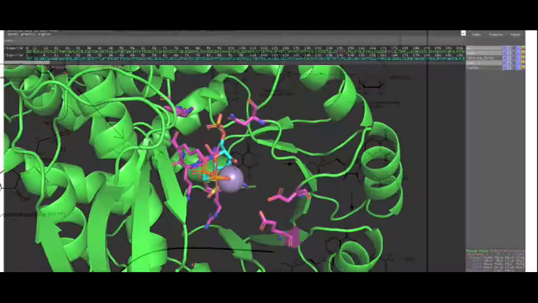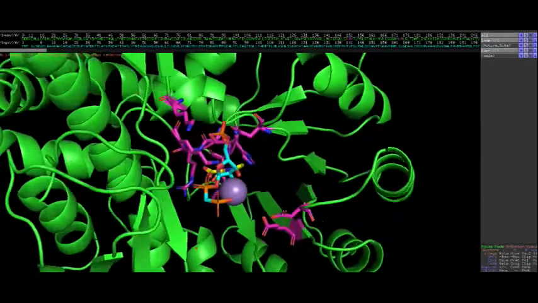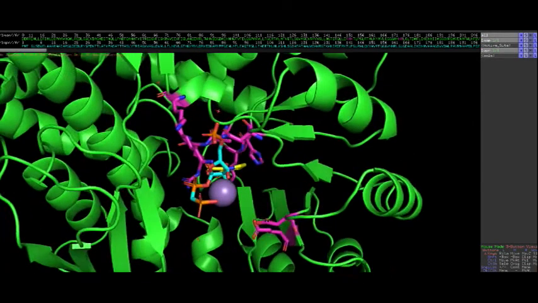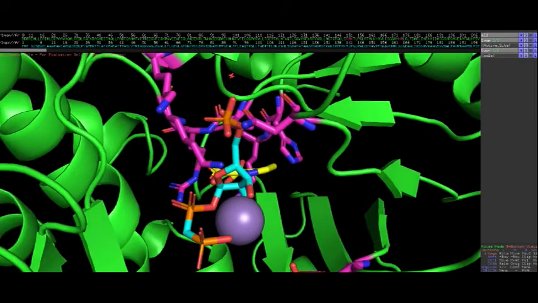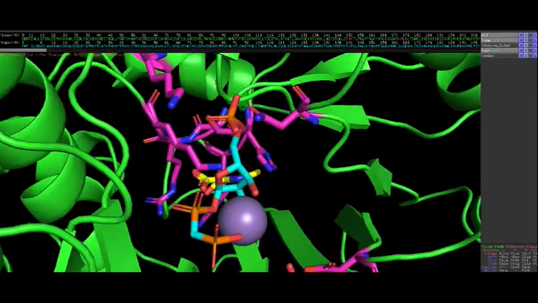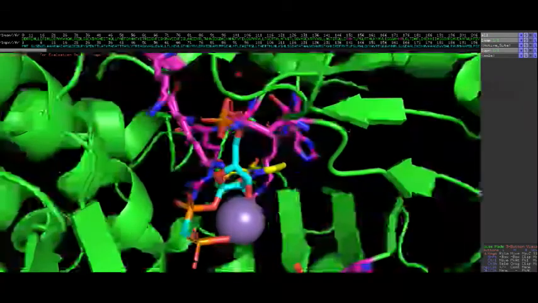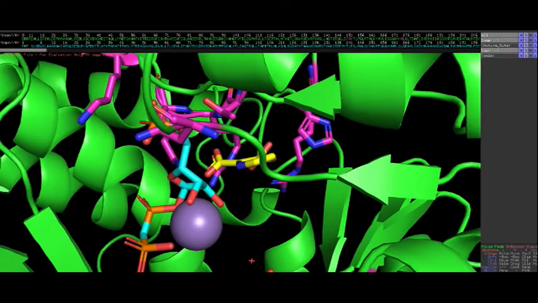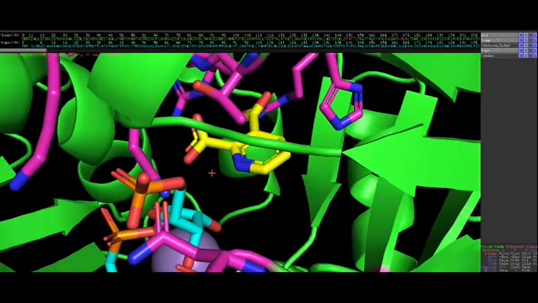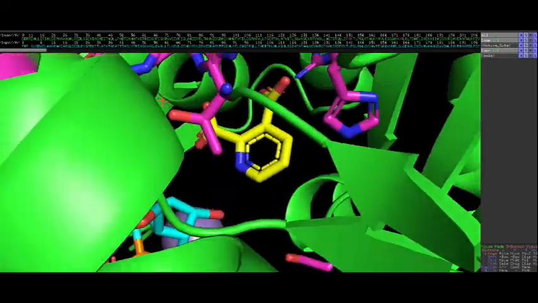Well, let's first take a look at this structure here. This is the last structure we have. It has a zinc in the middle here. We can see our phosphoribosylpyrophosphate, in cyan, and here in yellow is our quinolinic acid.